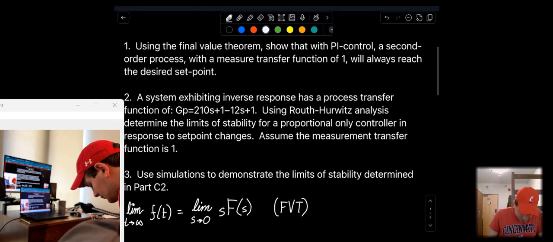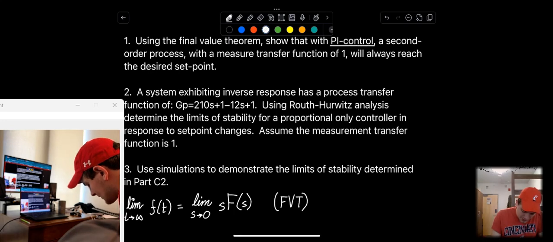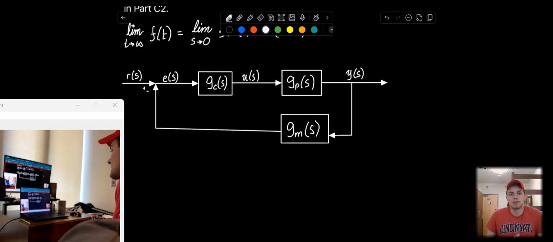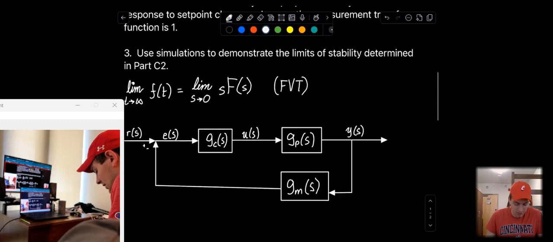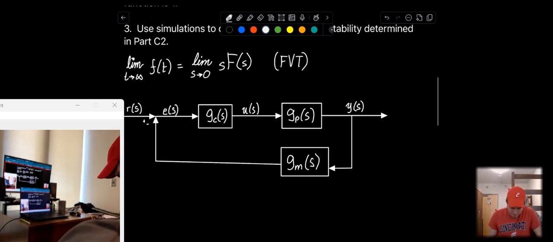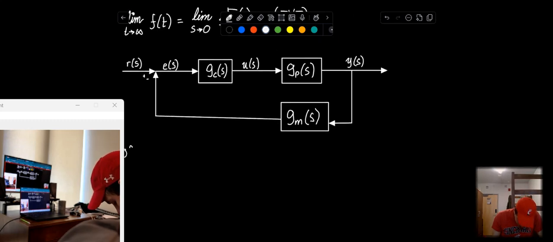So we're told that we have PI control on the system and that we have a second order process here. Again, what we're attempting to do is measure offset in this case. So I think it's pertinent to define offset with some sort of meaningful relationship here. And again, what is offset really?